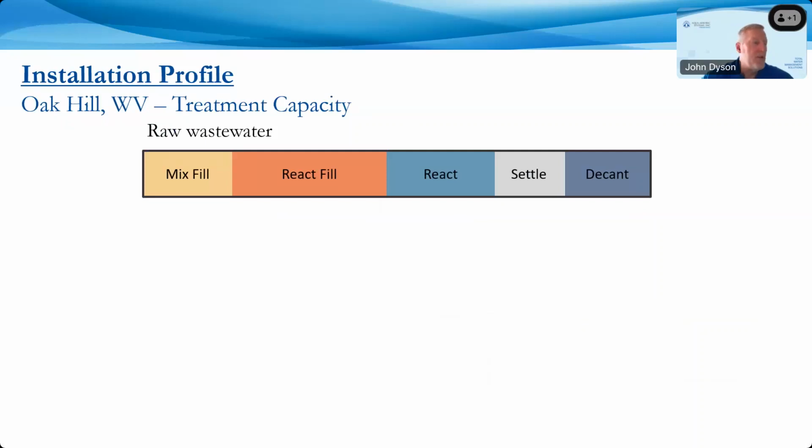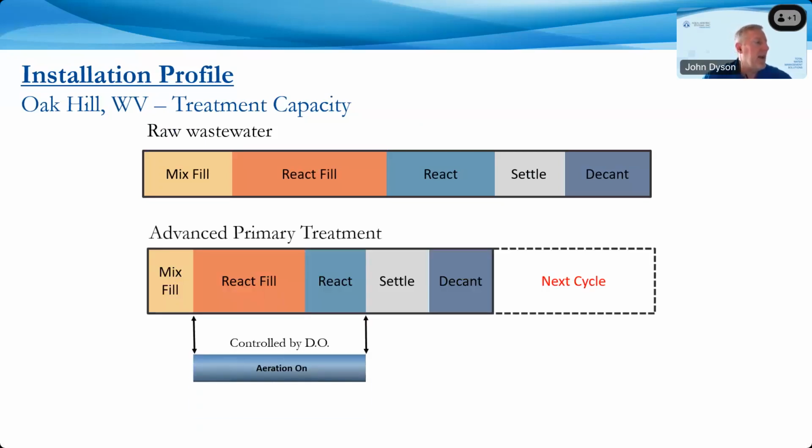How did we achieve the increased capacity? So no clarification, no primary treatment in advance. With an SBR, we generally, in this case, due to the requirements, we were able to do 5 cycles per day per SBR. By reducing the loads greatly, that allows us to shorten the mix fill, react fill, and react stages dramatically.